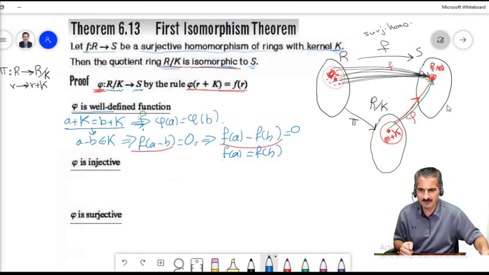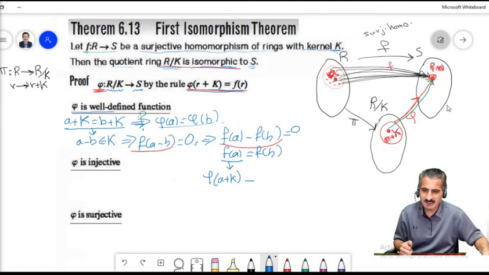What is f of a? f of a is phi of the coset of a, according to this definition. So f of a is phi of a plus K. I need to fix what I wrote here, sorry. And this equals phi of b plus K, and then we are done.